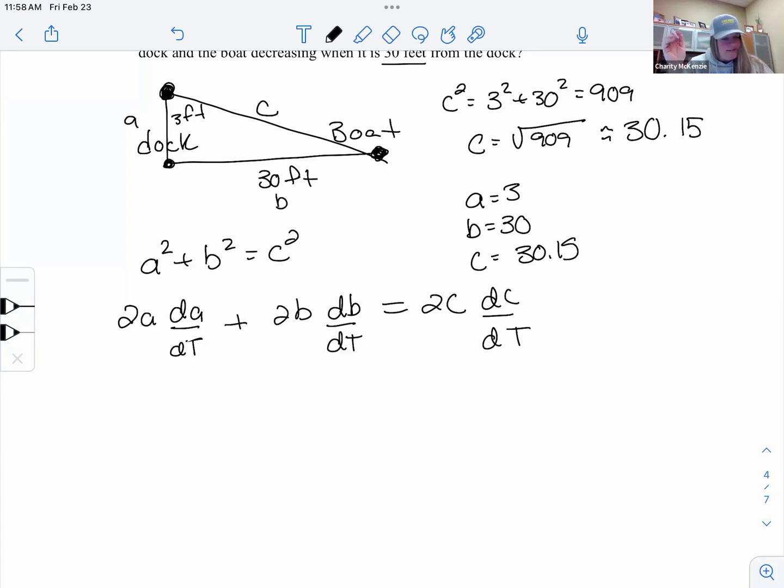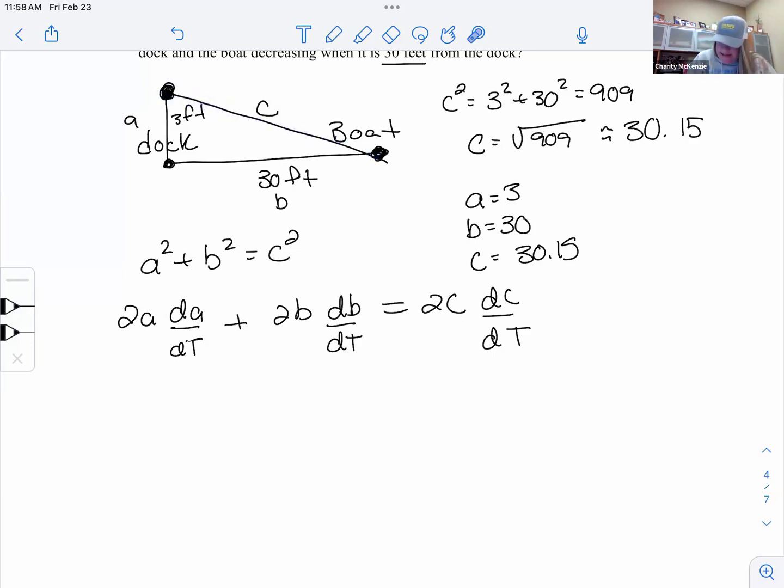And then we were given a rate. What rate were we given? A boat is being pulled in to a dock. It's being pulled 5 feet per second. Which one refers to the rate of pulling in the rope? Is it dA/dt? Is it dB/dt? Or is it dC/dt? It's the C, because this is your rope.